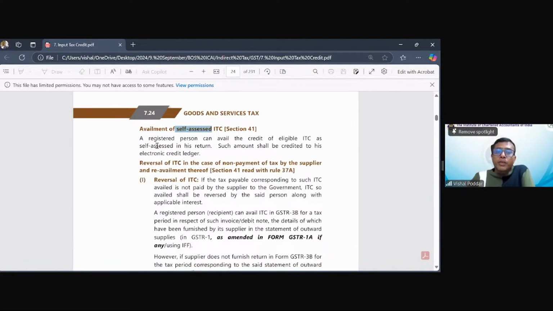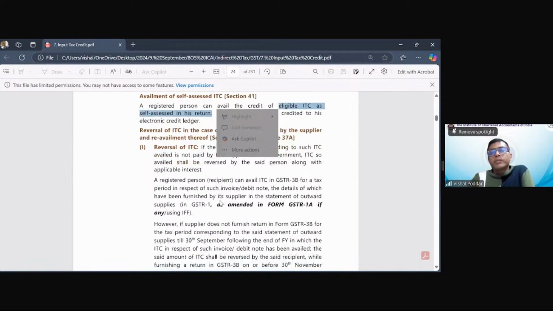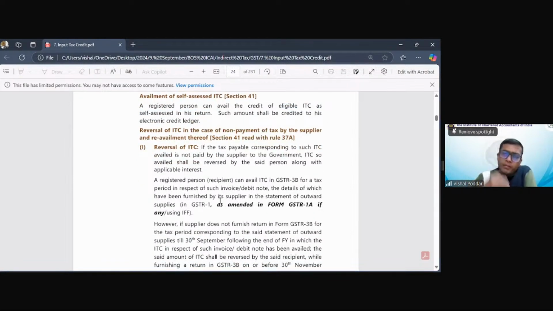So firstly, subsection 1 says that whatever is the eligible ITC, you take the credit in your returns, which is on self-assessment basis. Now it says that now check if the supplier has paid tax. If Rahul has paid tax, my problem or my point is over. The transaction is closed from both ends. I take ITC, I get ITC, and it is full and fine. But what if I get to know after the due date of return that actually Rahul has not paid the tax?